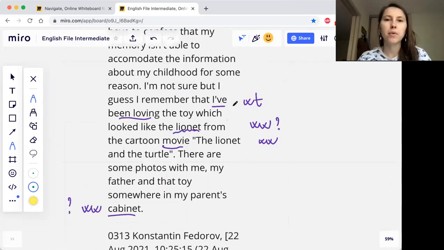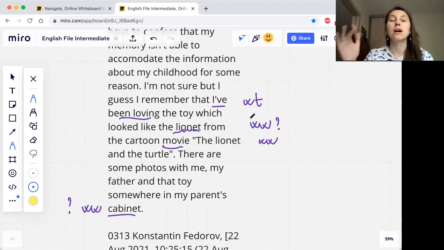Okay, I remember that I've been loving the toy. So the problem here is that usually the verb to love is not used in continuous form. So this is wrong tense. Plus, when we talk about some past events, some facts from your past experiences, we typically use past tenses. And there are different variations.